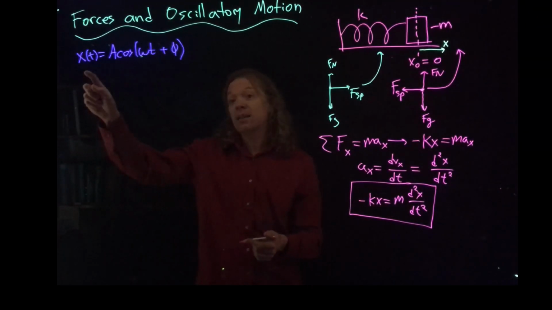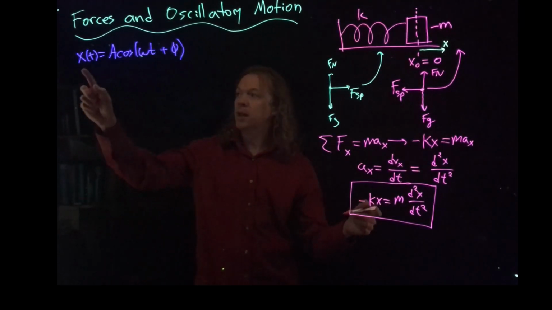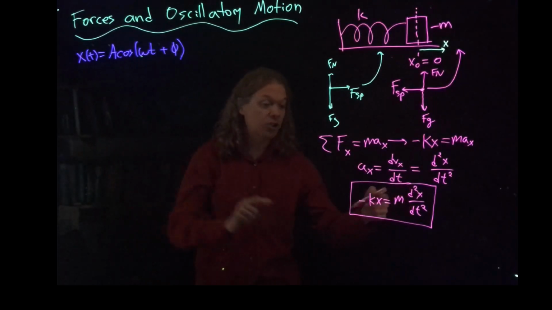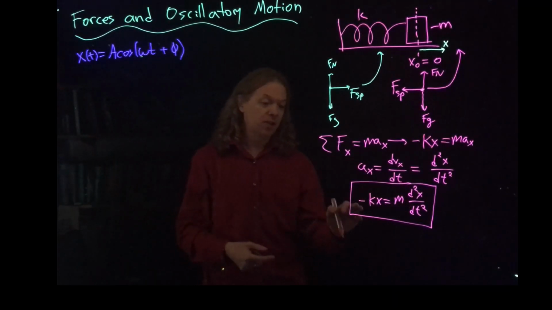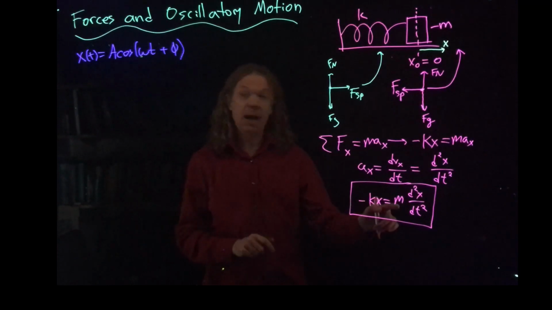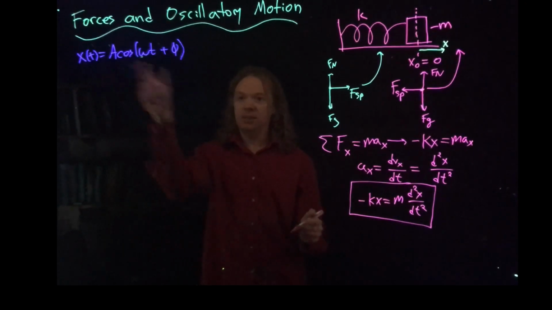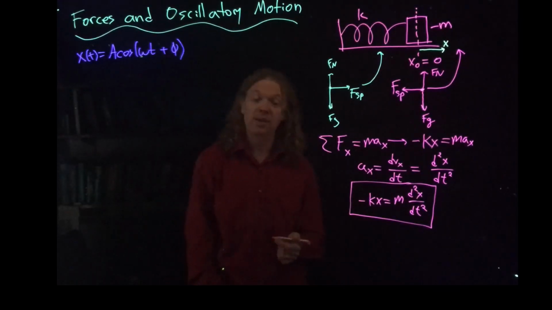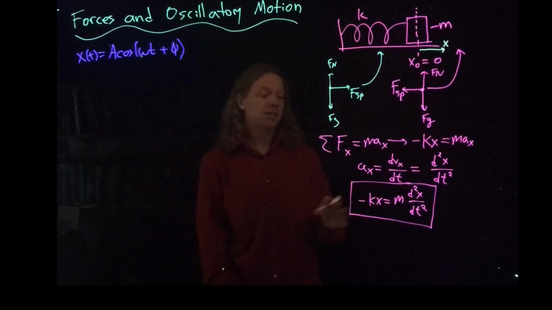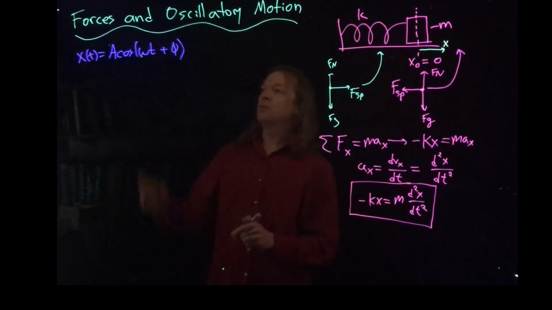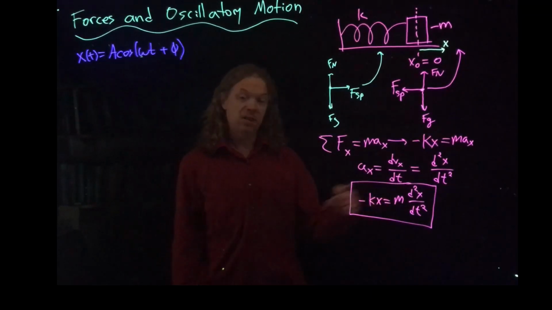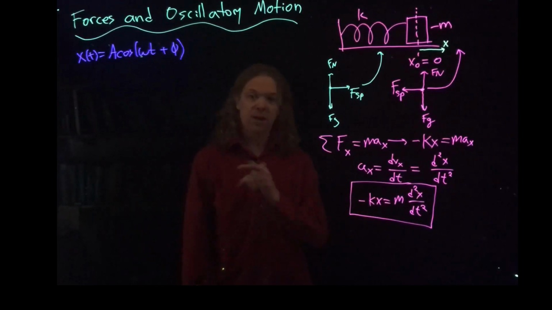I've got to plug x in there, plug x in right there, and show the equal sign is true. So if I can do minus k times that, and then m times the second derivative of that, and they're equal to each other, then yes, this is a solution to that problem. That's what we're going to use as a proof, instead of having to solve the differential equation. Okay, so let's do that next.